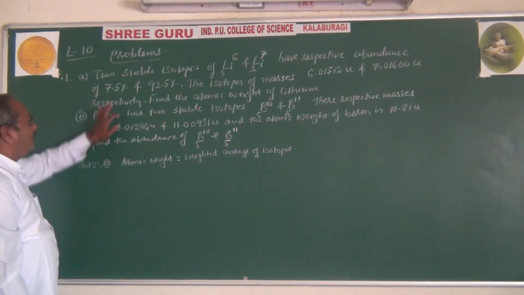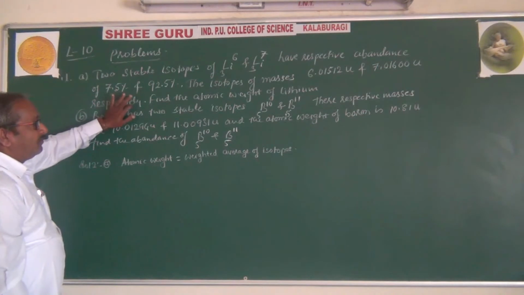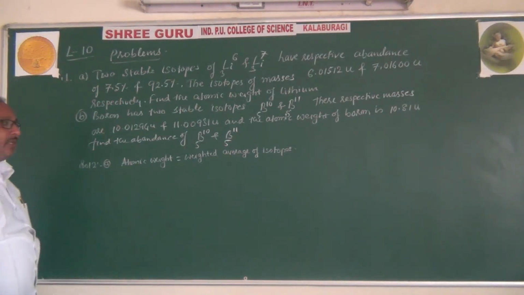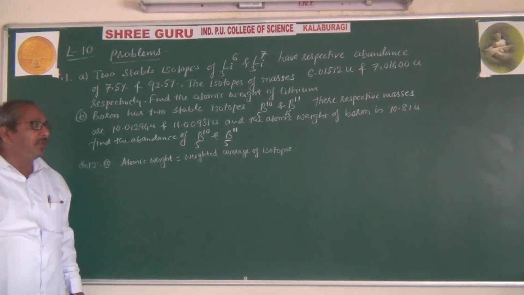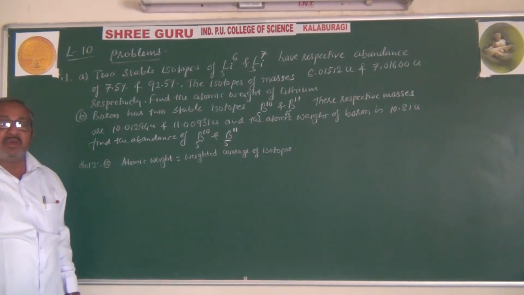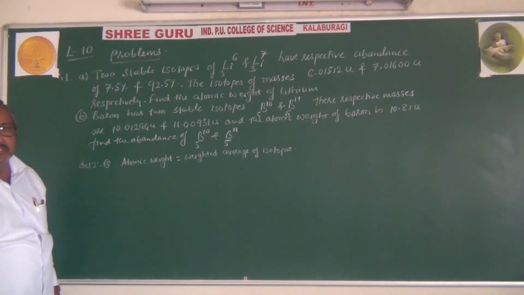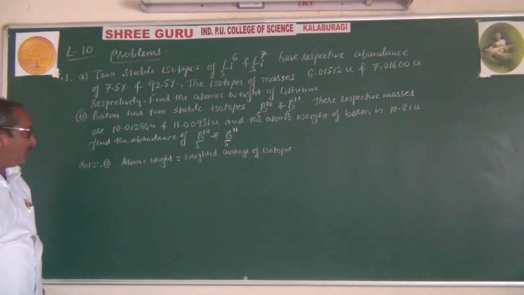We have to find out first the atomic weight of the lithium. Now here, the atomic weight of the nuclei is equal to the weighted average of the isotopes, the average weight of the isotopes, and this we are going to find here.